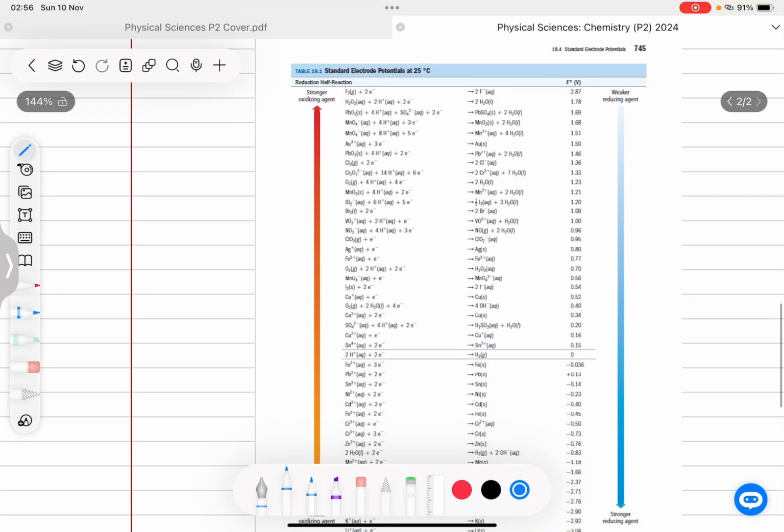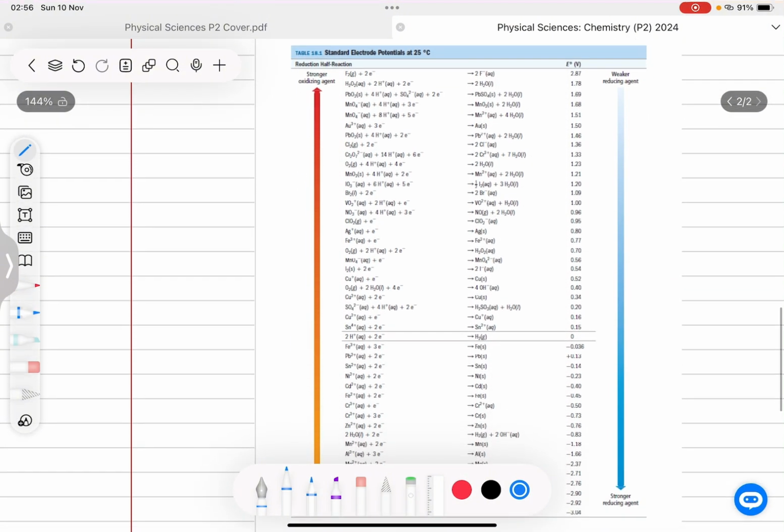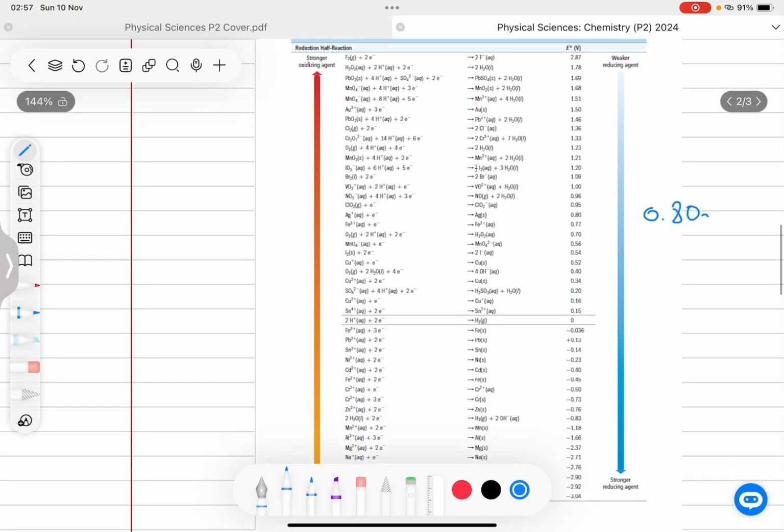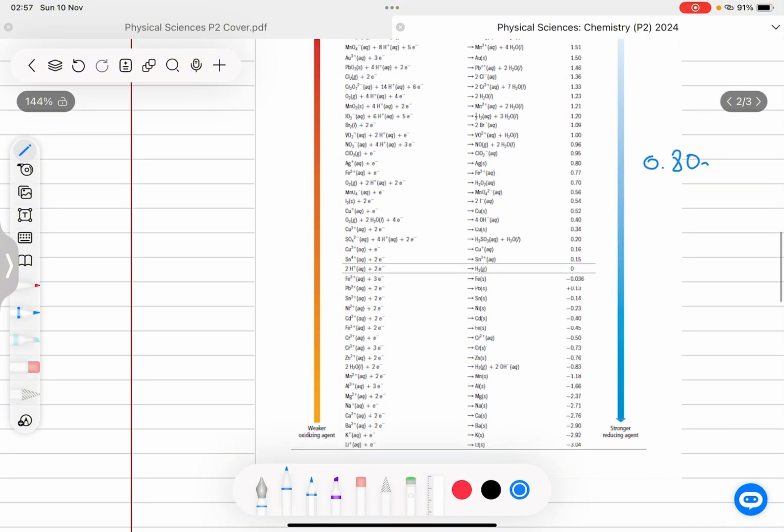Now we are going to use our standard electrode potentials. If we look at our Ag, I want to find our potential difference here. Ag is given by 0.8. Then if we look at our Sn, it is given by negative 0.14.